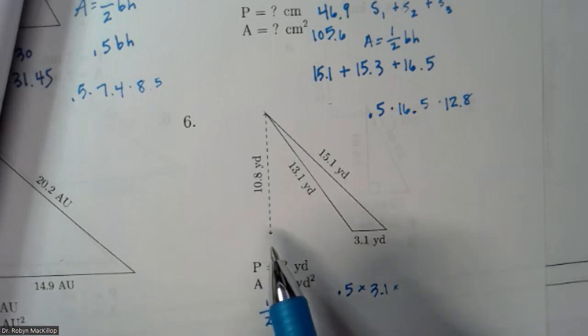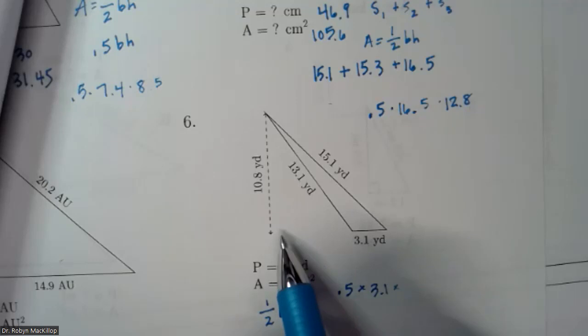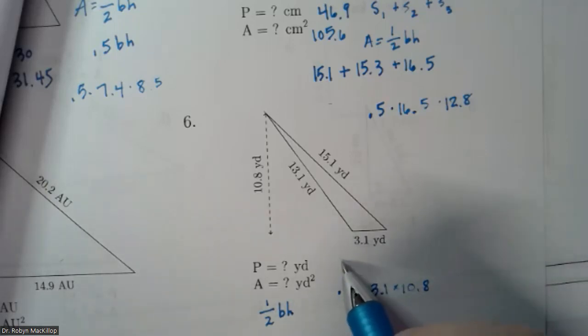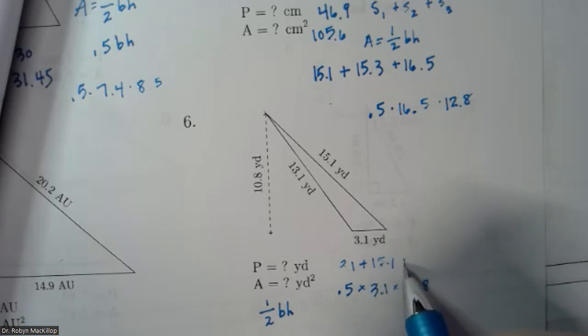And they have to give you the height for this one because otherwise you don't have it. So 10.8. That's your area calculation. And your perimeter is just 3.1 plus 15.1 plus 13.1.